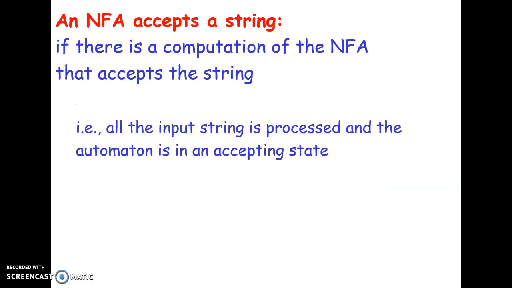So defining an NFA, if there is any computation at all which leads to a string reaching an accepting state, that string would be accepted by the NFA. So the idea is, if there is any computation of the NFA that takes the string to the accept state, then that string is accepted.